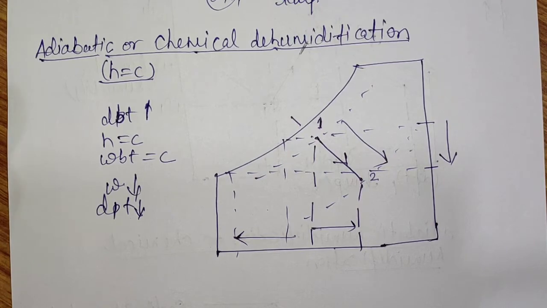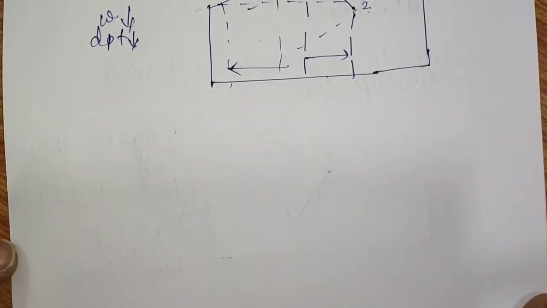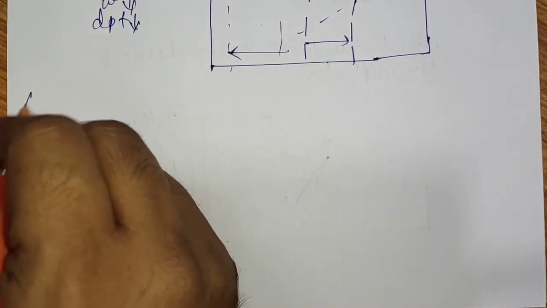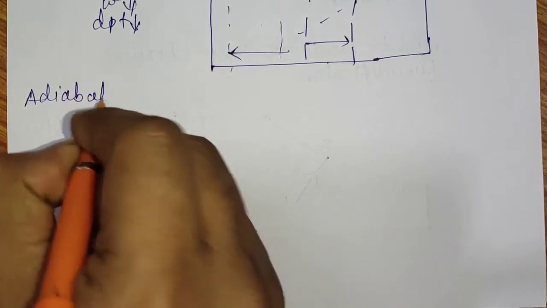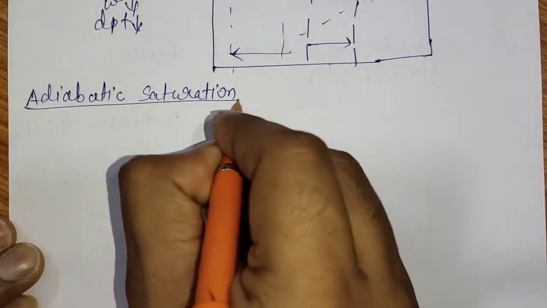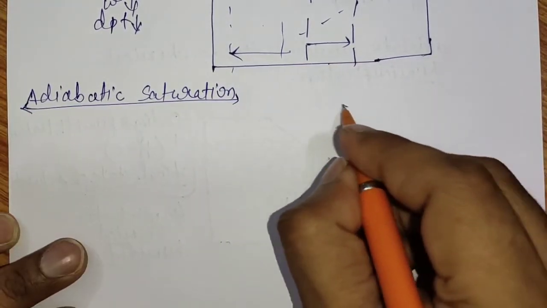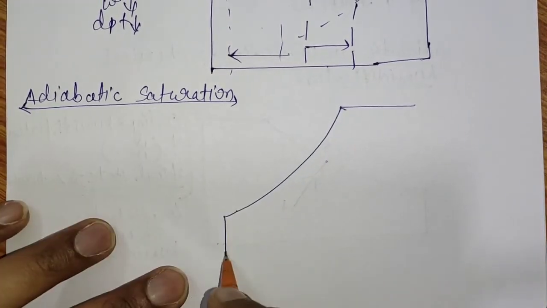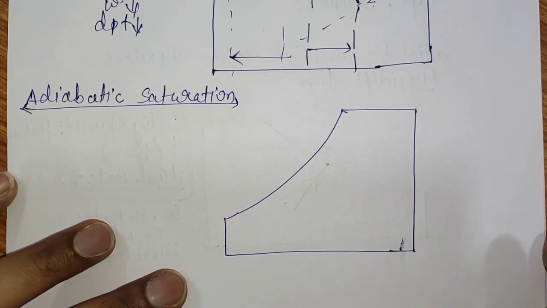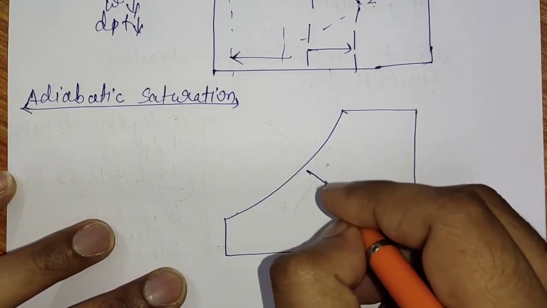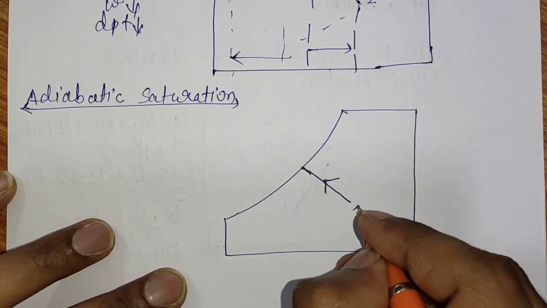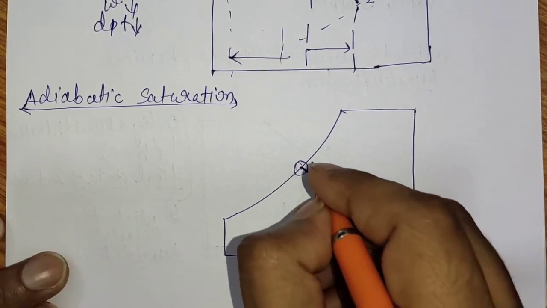Now the next process is adiabatic saturation. Adiabatic saturation is such a process in which adiabatic humidification is taking place in such a way that the final state of the moisture is saturated, that is, state 2 is saturated.